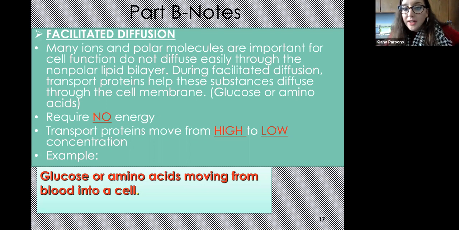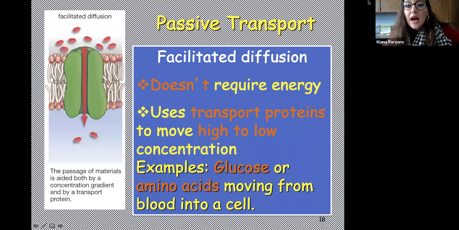It still requires no energy, but it involves the transportation of materials that may not be able to pass easily through the nonpolar lipid bilayer. Facilitated diffusion doesn't require energy. It uses transport proteins to move from high to low concentration. And an example is glucose or amino acids moving from the blood into the cell.